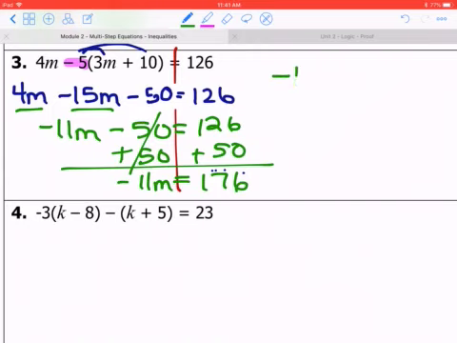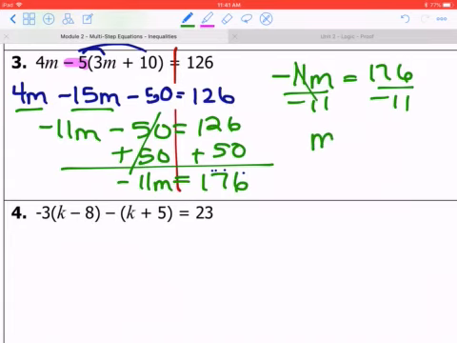So then I'm going to move up here just because I ran out of space. -11m equals 176. Our last step is to divide by -11. And now we'll get that m is equal to -16 when you divide that out. And that would be your answer.